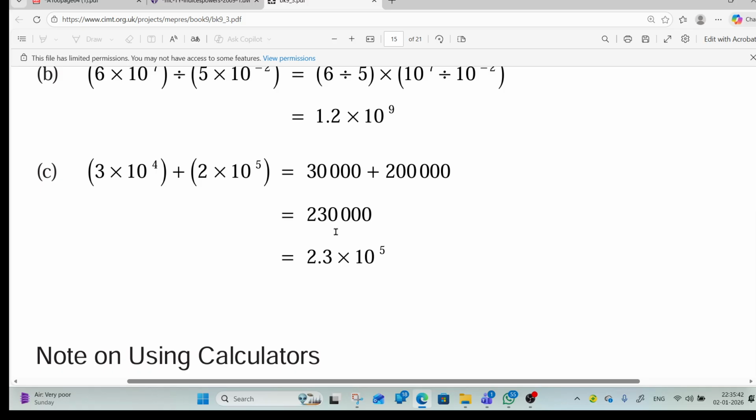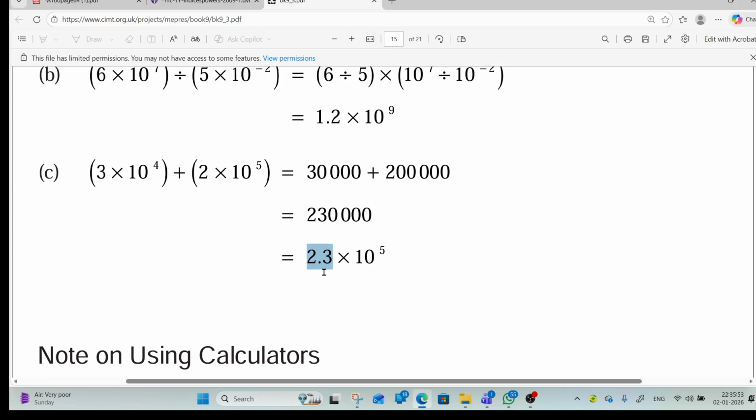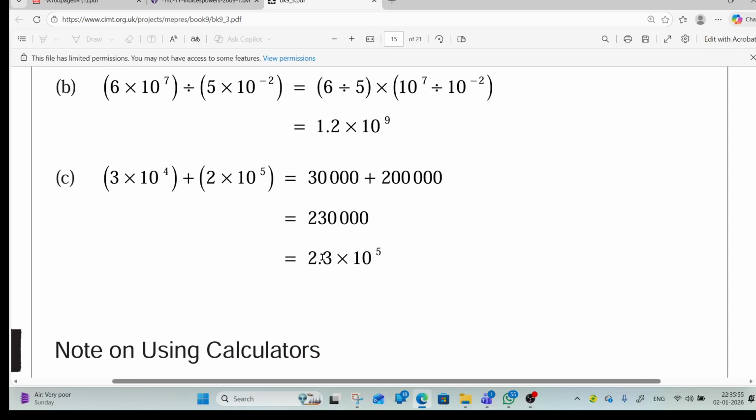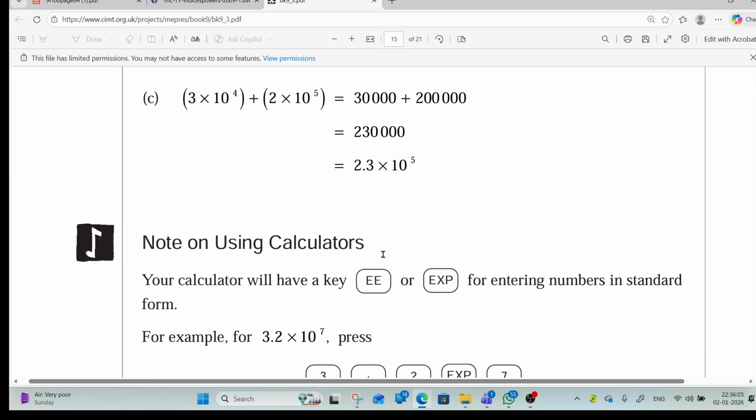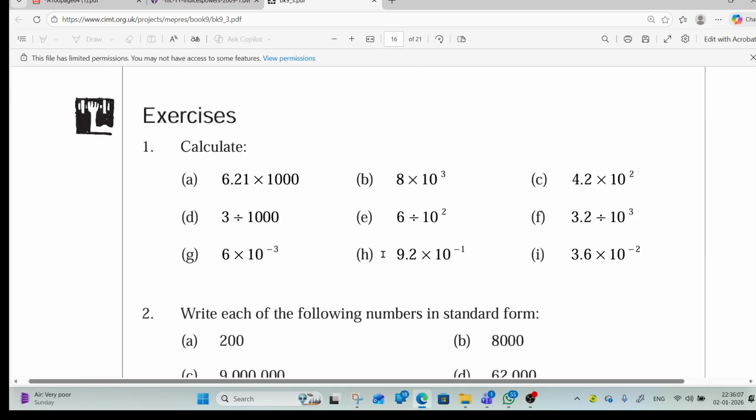To convert it, we put the decimal point just after one non-zero number, so after 2. This becomes 2.3, and after the decimal there are 5 digits. That's why we put 10 to the power 5. Okay?